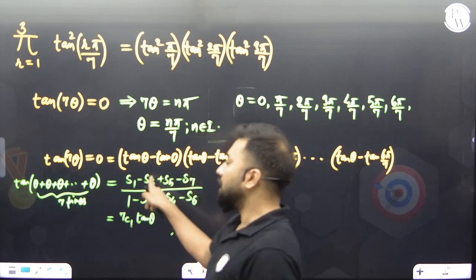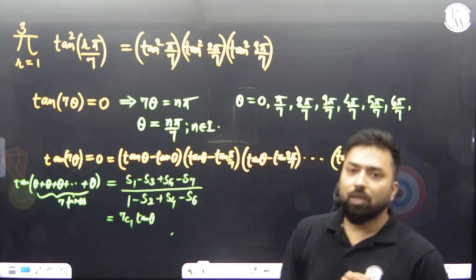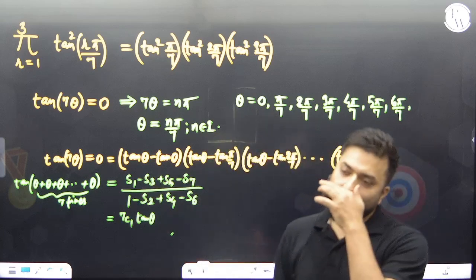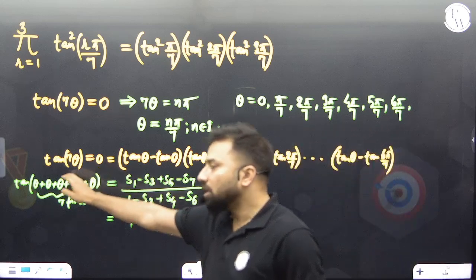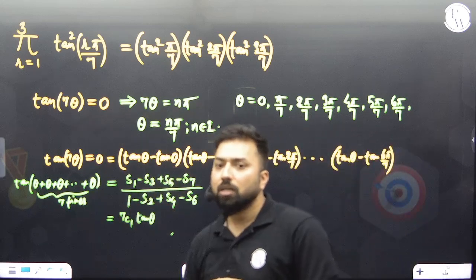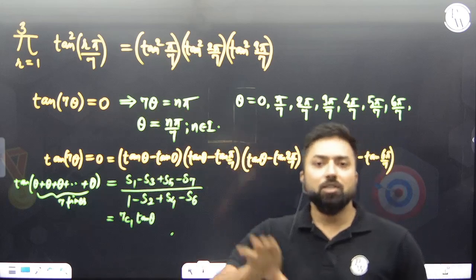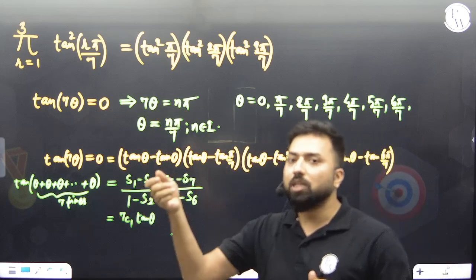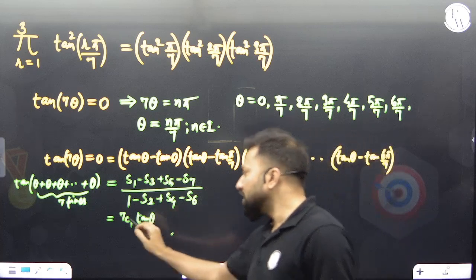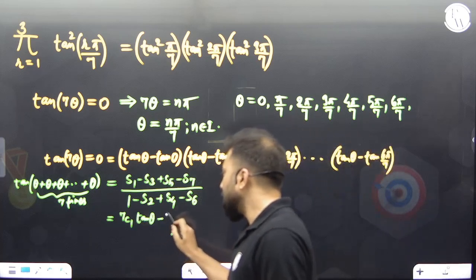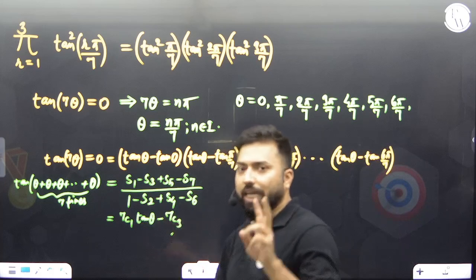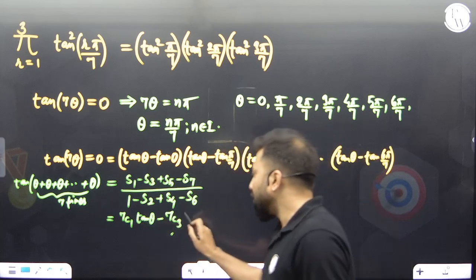Now S3. S3 would mean you have to select 3 terms, right? So if you select 3 terms, tan theta and tan theta, you'll have to multiply these terms and you will get tan cube theta, right? So 7C1 tan theta minus 7C3. We'll have to select any 3 and then multiply these tan theta terms.